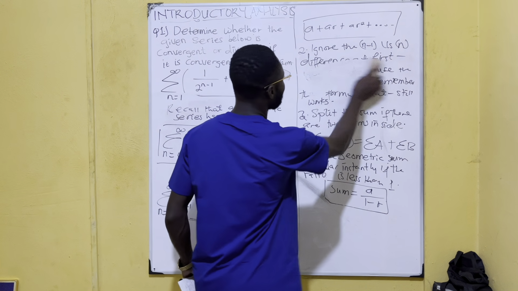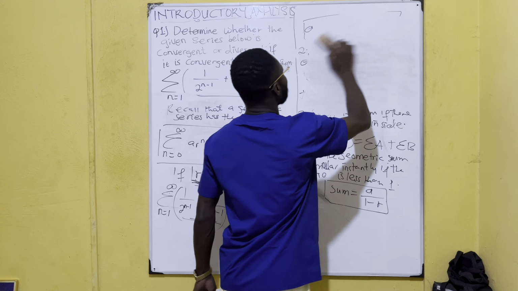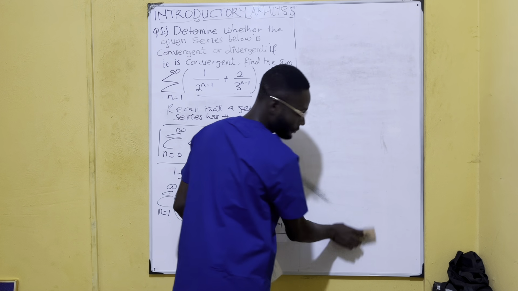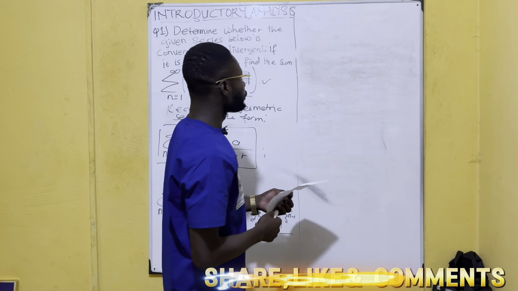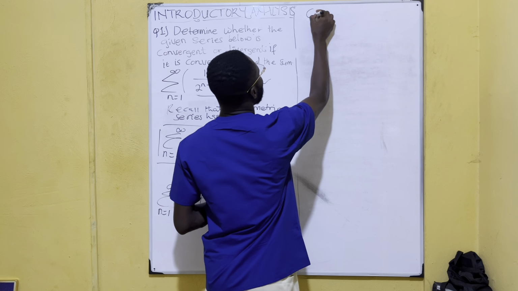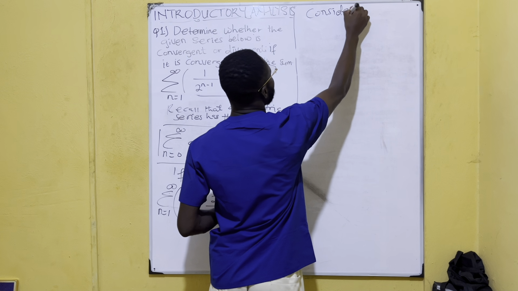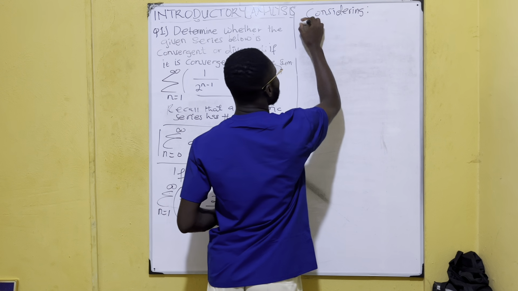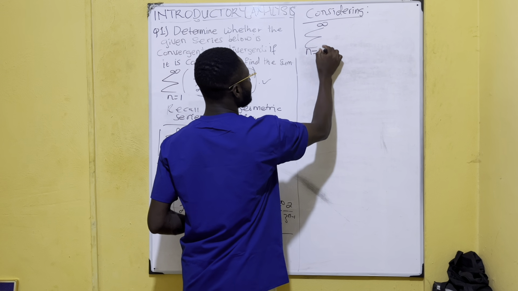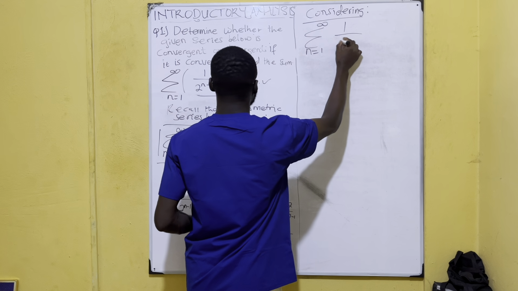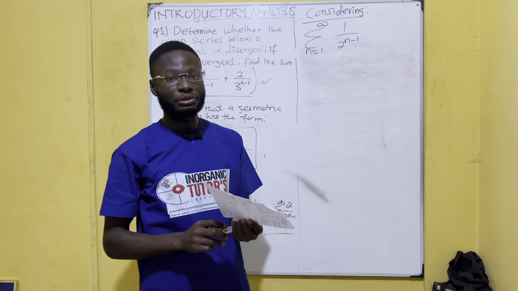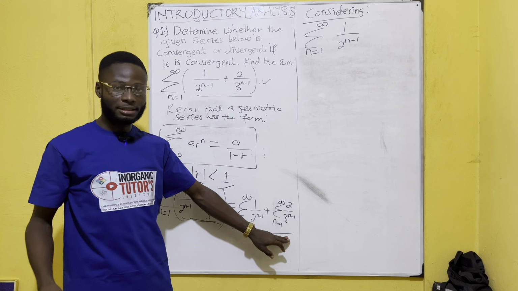So we are going to consider the first part, the summation from n equals 1 to infinity of 1 over 2 to the power n minus 1. This is what we are considering first, then we come later and do the other.